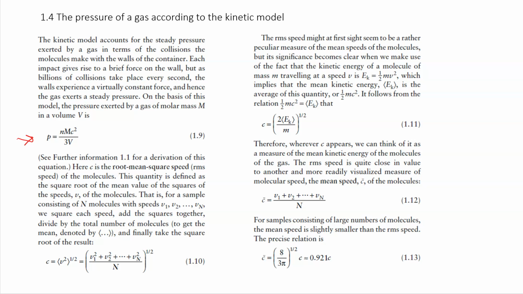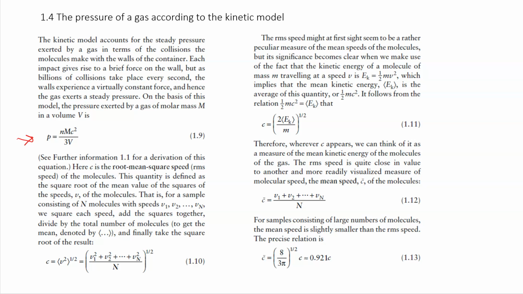So for a sample consisting of N molecules with speeds v1, v2, all the way through vN, we square each speed, add those squares together, divide by the total number of molecules, N, and then take the square root. That's the root mean squared value, c, which is a description of a mean speed of the population of gas molecules, because they're not going to be homogeneous.